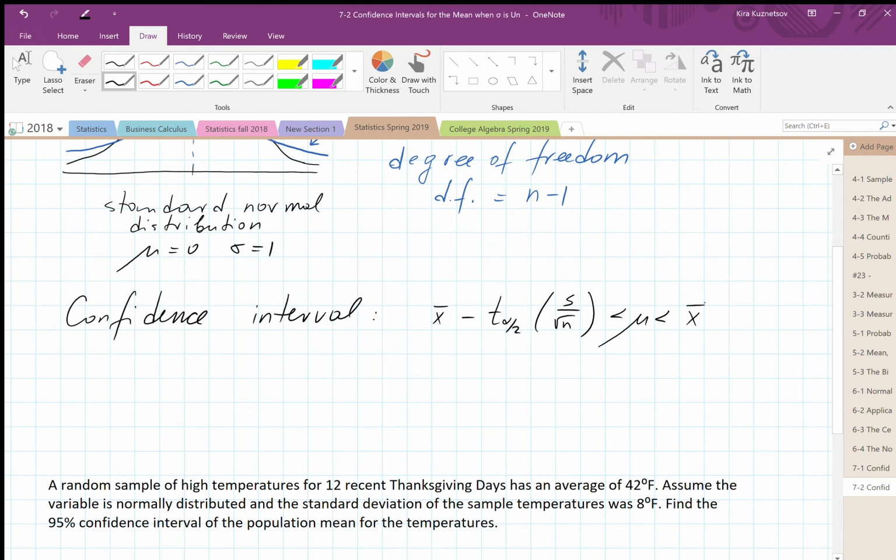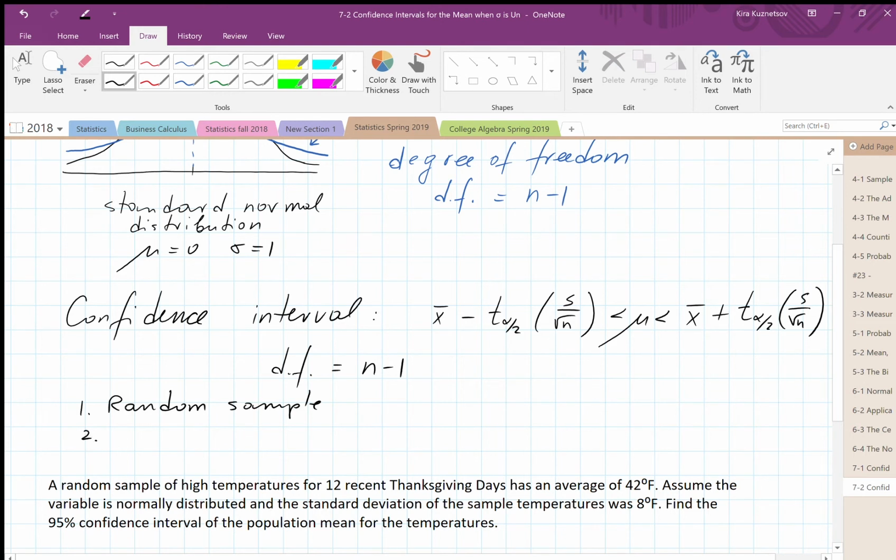You take your point estimate and add and subtract the error, with the degrees of freedom at n minus 1. The assumptions are still a random sample, and n is greater than or equal to 30 or an approximately normal distribution.